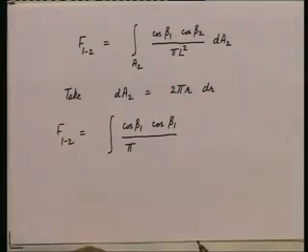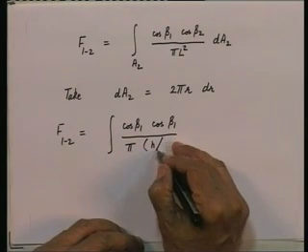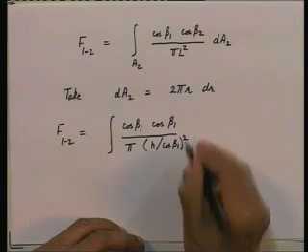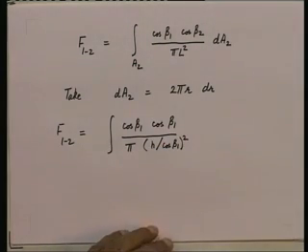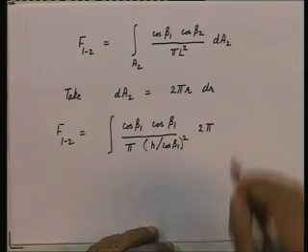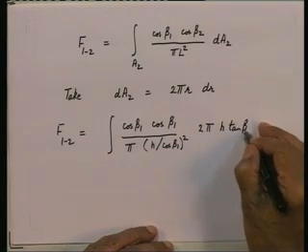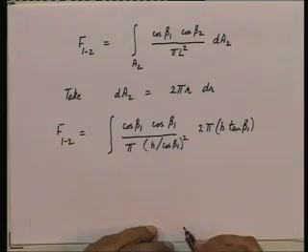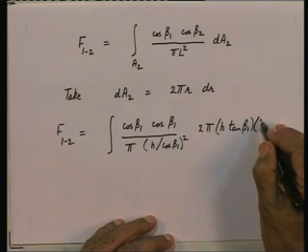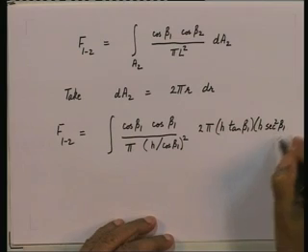Now, instead of L, I will write h, the distance between the two surfaces, divided by cosine of beta 1, the whole squared, because beta 1 is my variable, and then for dA2 I will write 2 pi, for r I will write h tangent beta 1, that is r, and for dr I get by differentiating h tangent beta 1, I will get h secant squared beta 1 d beta 1.